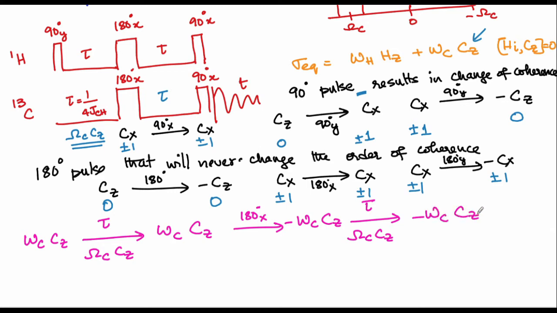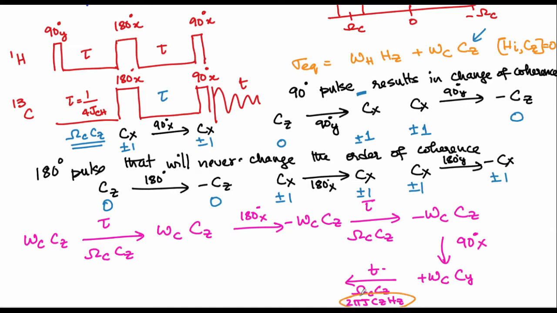It will remain omega c times Cz. Then, if you are applying a 90-degree x pulse, it is going to be plus omega c Cy, and you have acquisition. If you calmly do the acquisition, you have two components there, omega c Cz and 2 pi J Cz Hz. I would like to point out an important thing here.